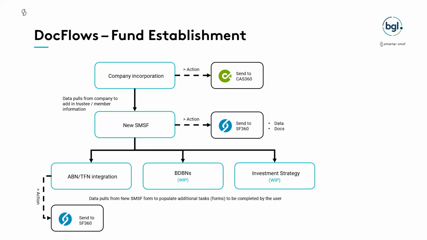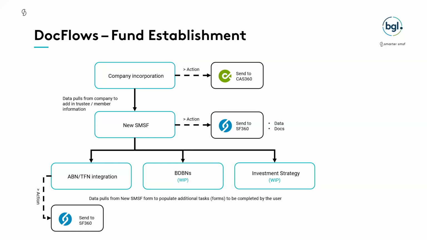Anything in that company order form that can be transposed, so we don't need to re-enter that information, we have mapped across into the new SMSF form. We would then fill out the rest of that form and generate our new SMSF documents. And again, we can send into Simple Fund 360 the data that is relevant to set up the new fund and the documents to get that signed as well.